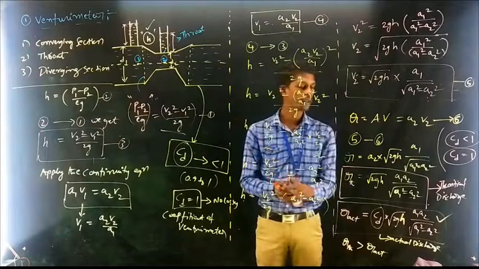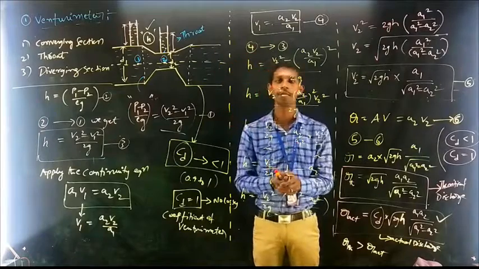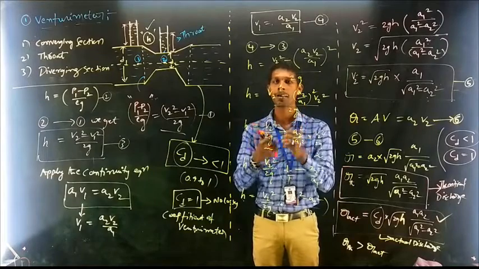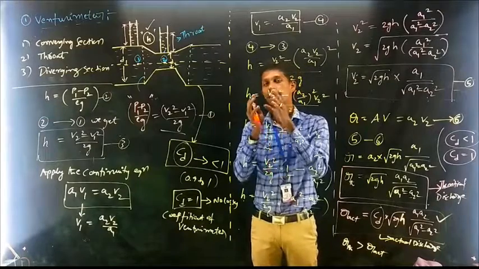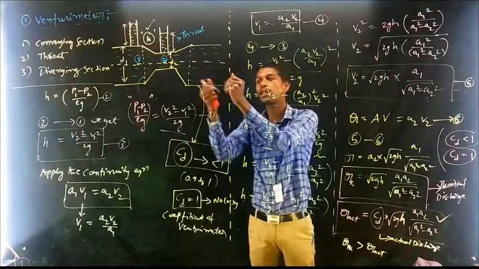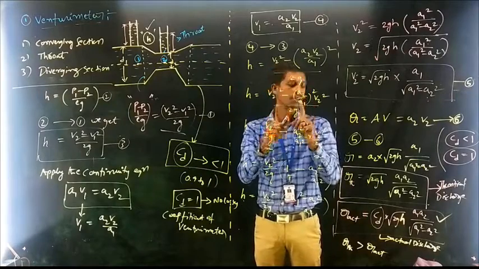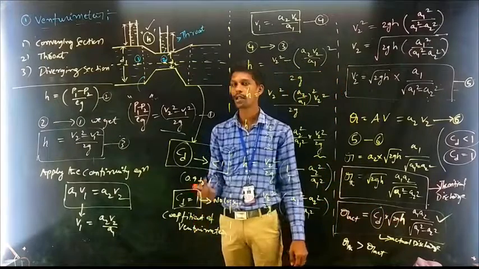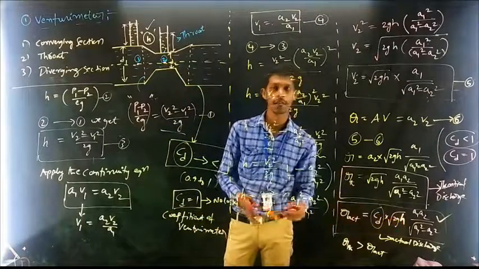We have a differential U-tube manometer. If mercury is there, or kerosene, or any other liquid which is lighter than the fluid inside the pipe, or a heavier liquid which is heavier than the fluid inside the pipe, the formula for H will be different. So now we will consider the following cases to determine the H value. There is a small formula to calculate the H.